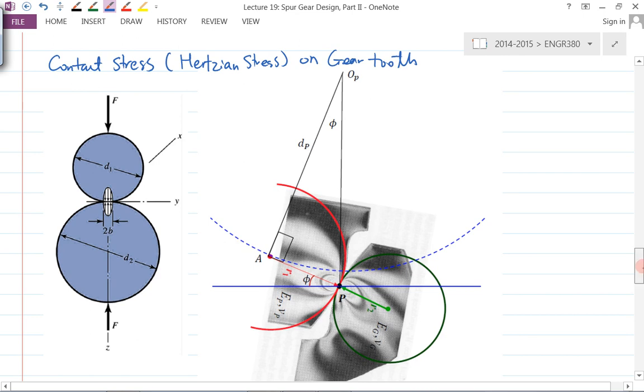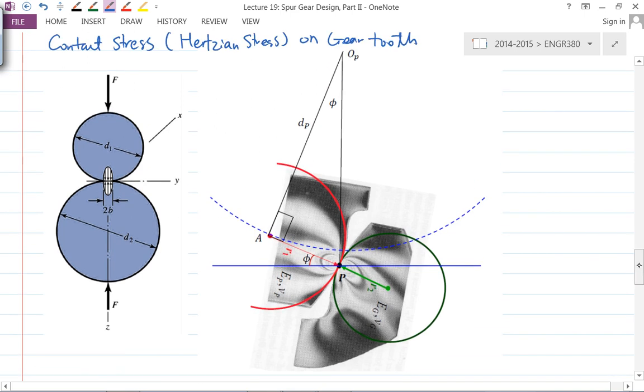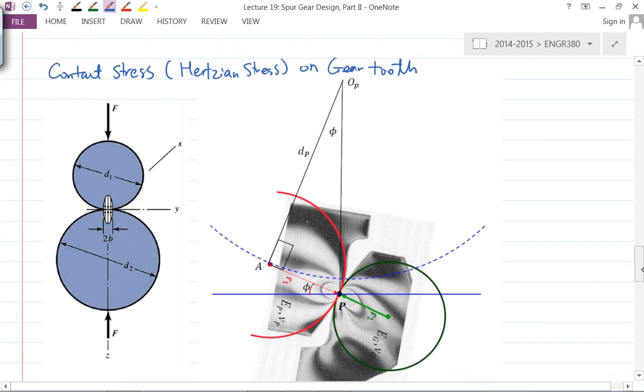So what's Hertzian stress, and how do we deal with this contact stress? Now you need to also realize this: a gear surface will tend to wear given a certain amount of time. But what causes the wearing of the gear surface? There are a number of reasons. One is pitting. Pitting is basically caused by the repetitive high contact stress between the two surfaces.